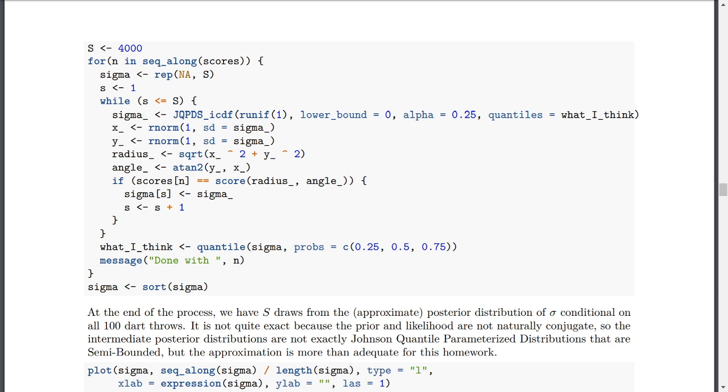Eventually, you will get capital S matches. So capital S draws from the posterior distribution conditional on the first n throws.